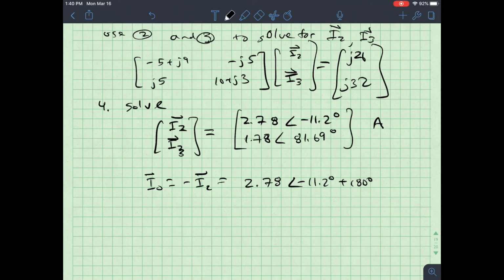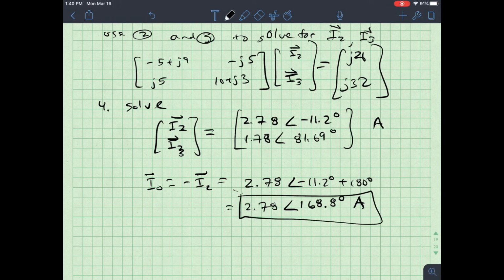If I add 180 degrees, I get 2.78 angle 168.8 degrees amps. And now I don't need to do step 5 because I asked for things in the phasor domain, but I have a pretty decent answer: 2.78 angle 168.8 degrees amps.